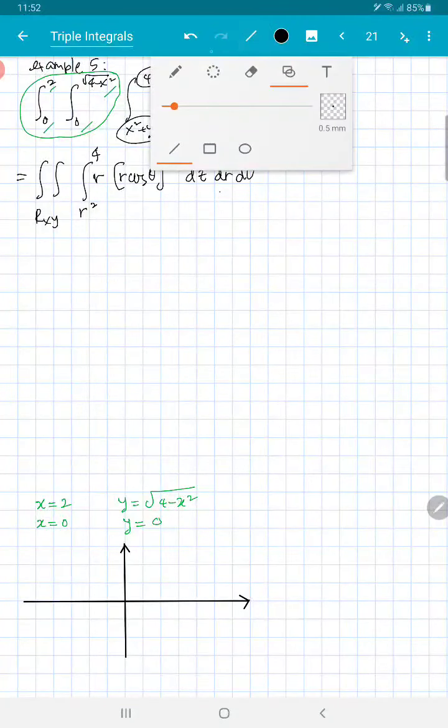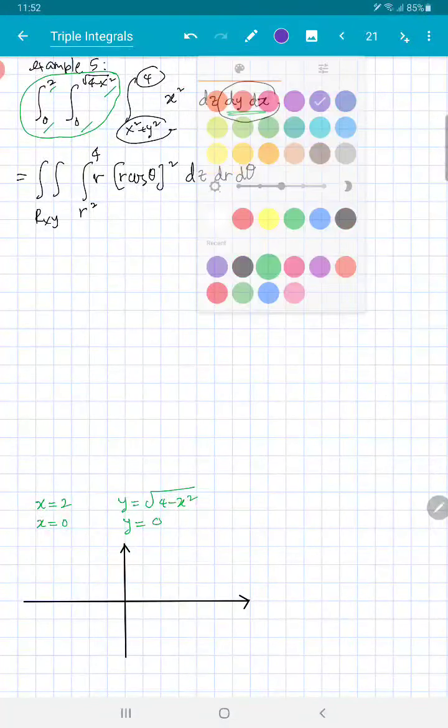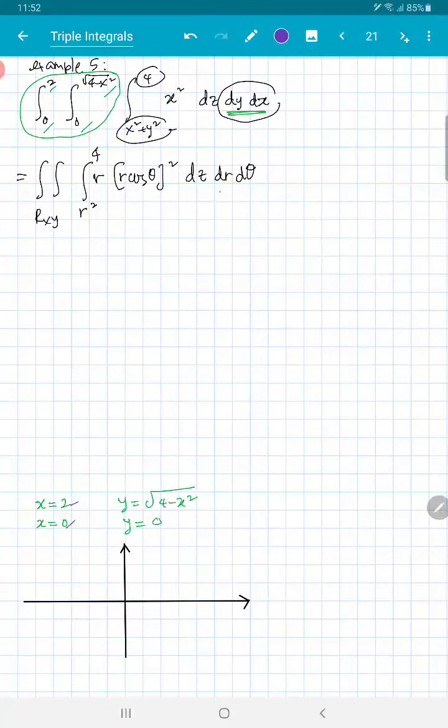For x, we have x equals 2 and x equals 0, so that's easy. x equals 0 is just the y-axis, and x equals 2 is just the vertical line. Now let's concentrate on the upper and lower limits for y. Here the upper limit for y is a positive root, meaning that y is positive. But if you can't sketch the equation, you can always do some manipulation. So in this case, I'm going to get rid of the square root.